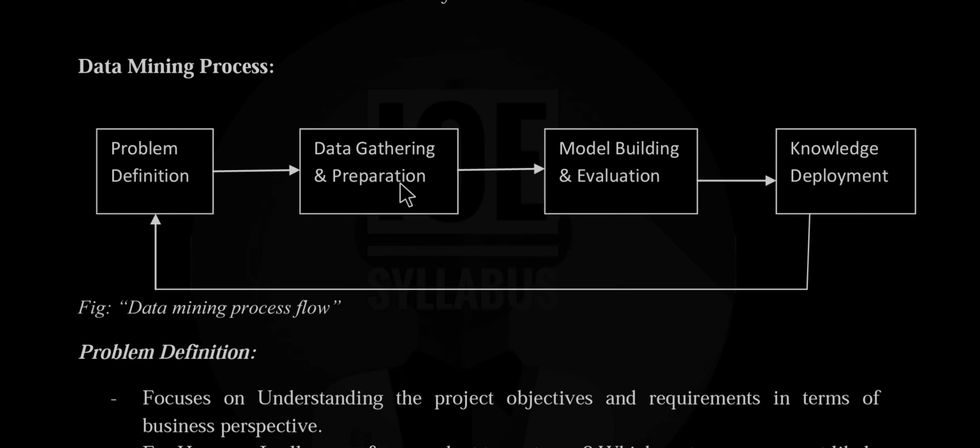What does preparation mean? We will eliminate some extreme data that might be senseless in the context of model building. So we'll prepare the data to make its quality better and better.